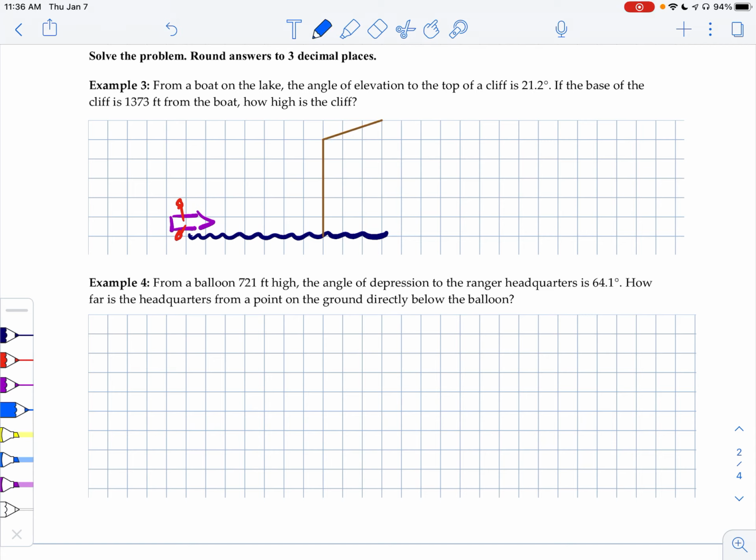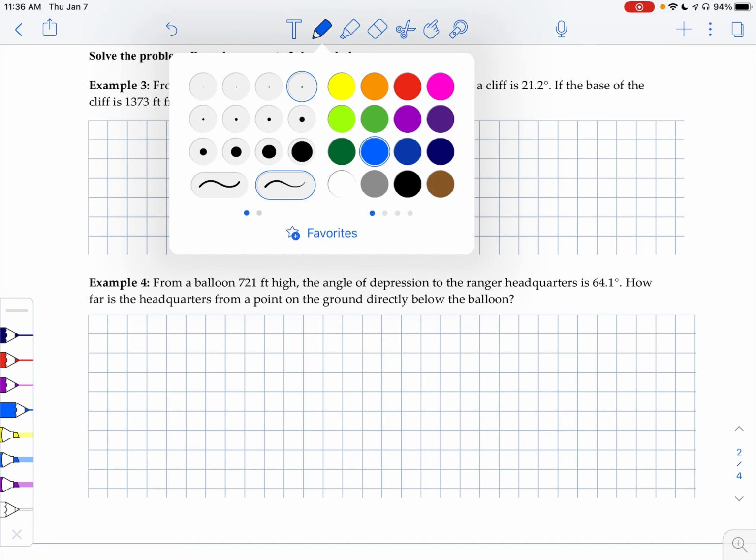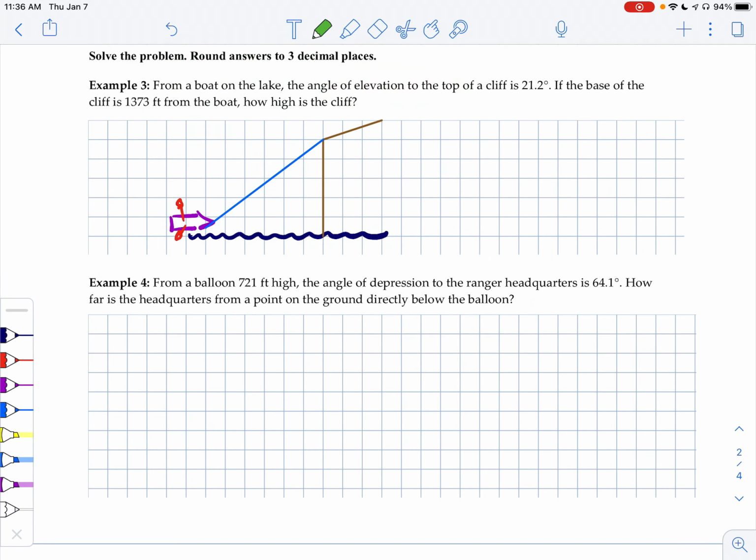And I have the angle of elevation up to the top of the cliff. This angle right here, in a different color, is my angle of elevation, 21.2 degrees.